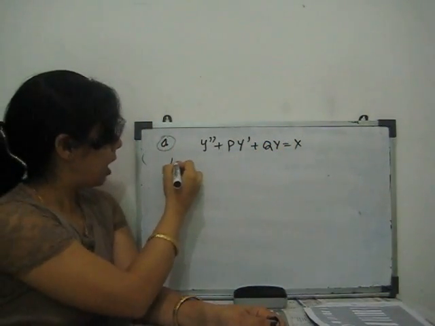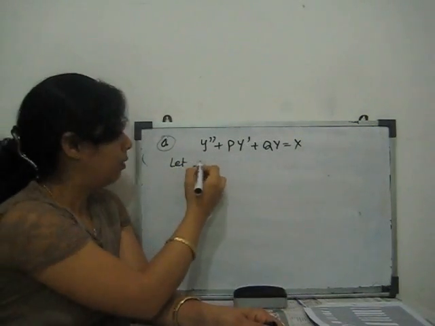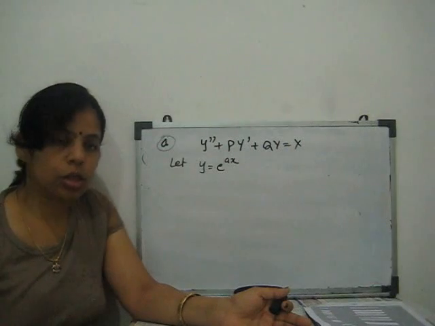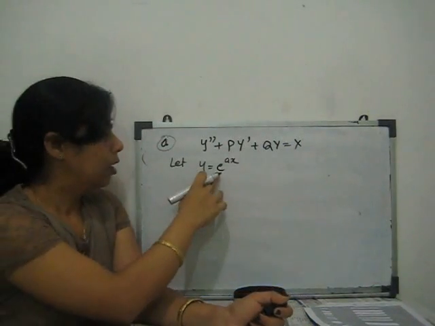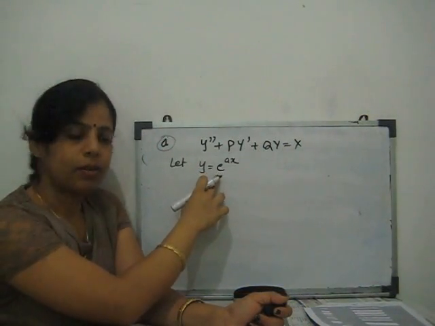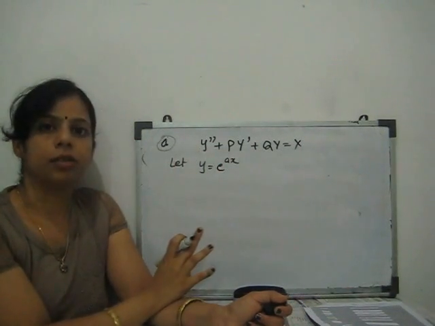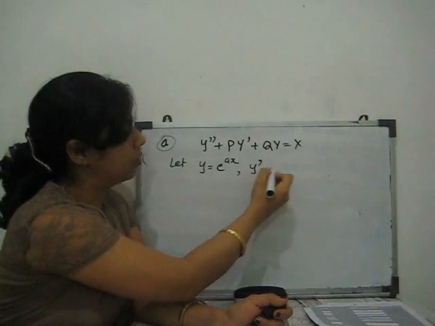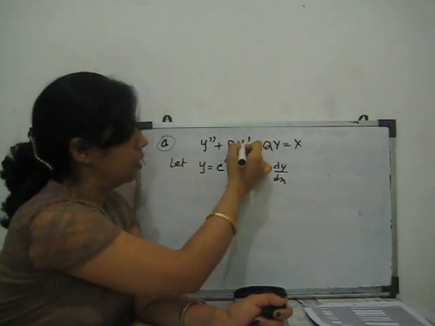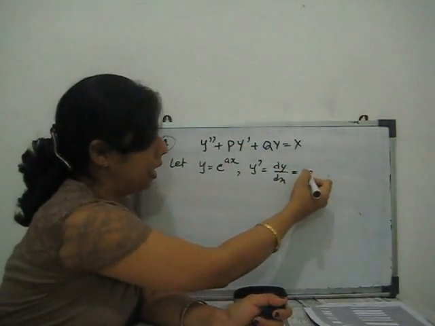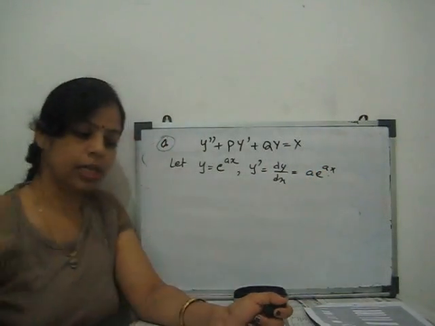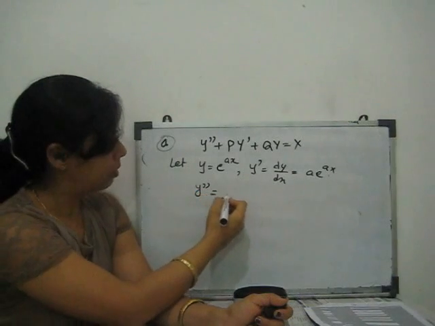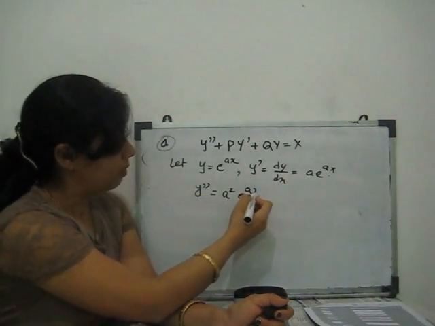Let us assume y is equal to e to the power ax is one part of the complementary function, or we can say this value satisfies this equation. If y is equal to this, then what is y dash? Y dash means dy by dx. So y dash is a e to the power ax. Clear? Next, y double dash is a square e to the power ax.